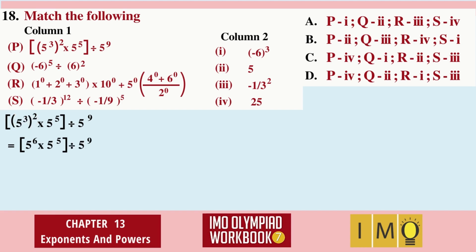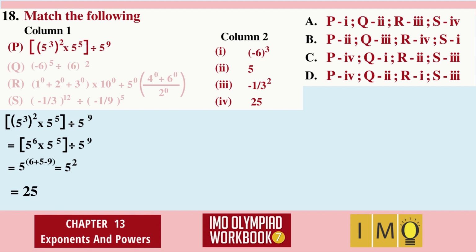So we get 5 to the power of 6 into 5 to the power of 5 divided by 5 to the power of 9. That simplifies to 5 to the power of 6 plus 5 minus 9, which is 5 to the power of 2 or 25. So statement P will match with answer 4.